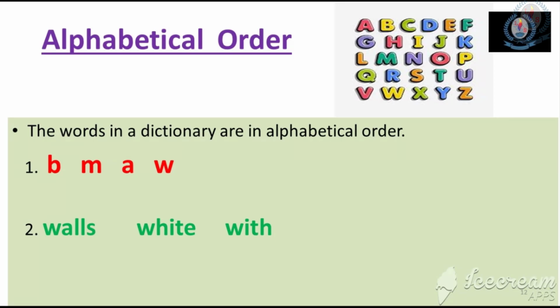Words starting with B come second. Words starting with C come third, and so on. Words starting with Z come last. Sometimes it helps to say the alphabet aloud when working out the order the letters come in.